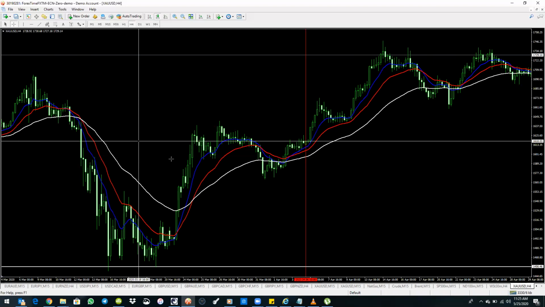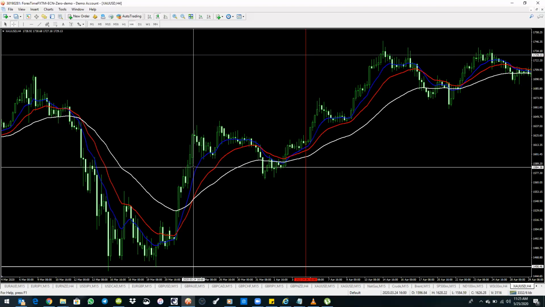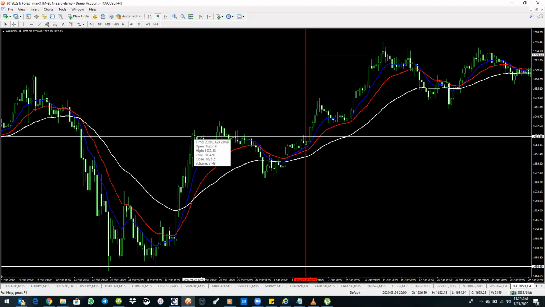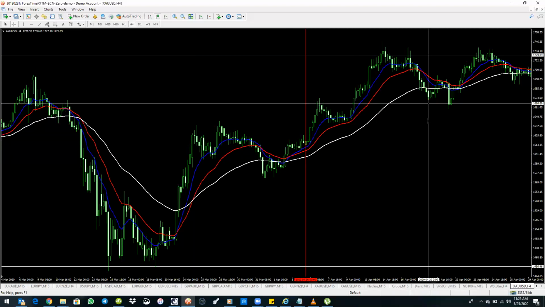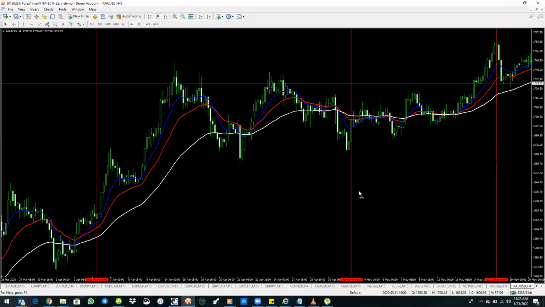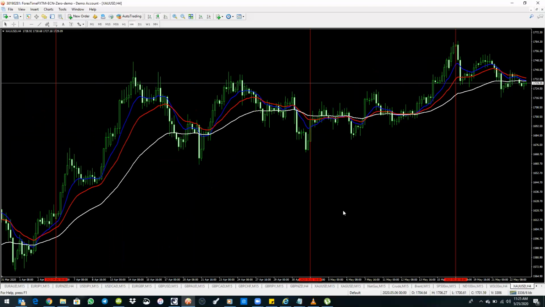If you look out for the same thing here, there wasn't such a big move here, but you can see here, there was another big move, and so on and so forth. But really, I don't like using moving average crossover simply because they lag too much.